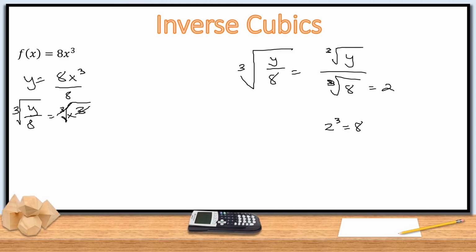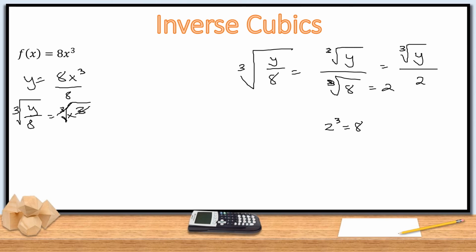If you don't know that, check it on your calculator. You can always take the cube root of any number, and if it's a whole number, then simplify it. So this ends up being the cube root of y all over 2, our simplified version.